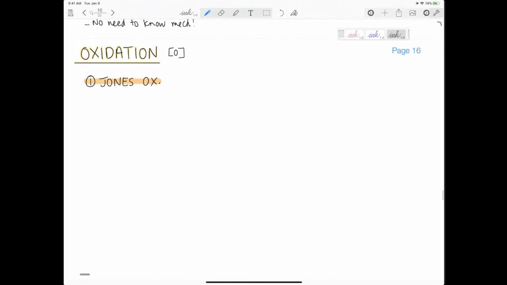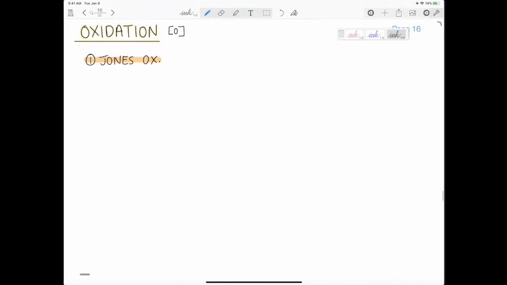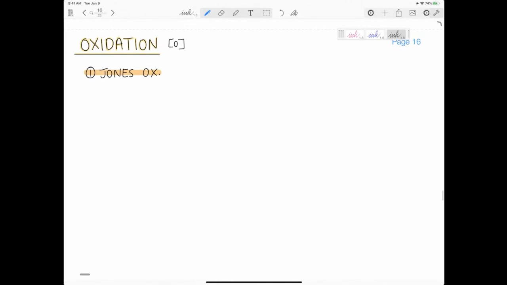Let's see, when we had this here, what happened when we treated that with sodium borohydride? What we ended up with was a secondary alcohol.